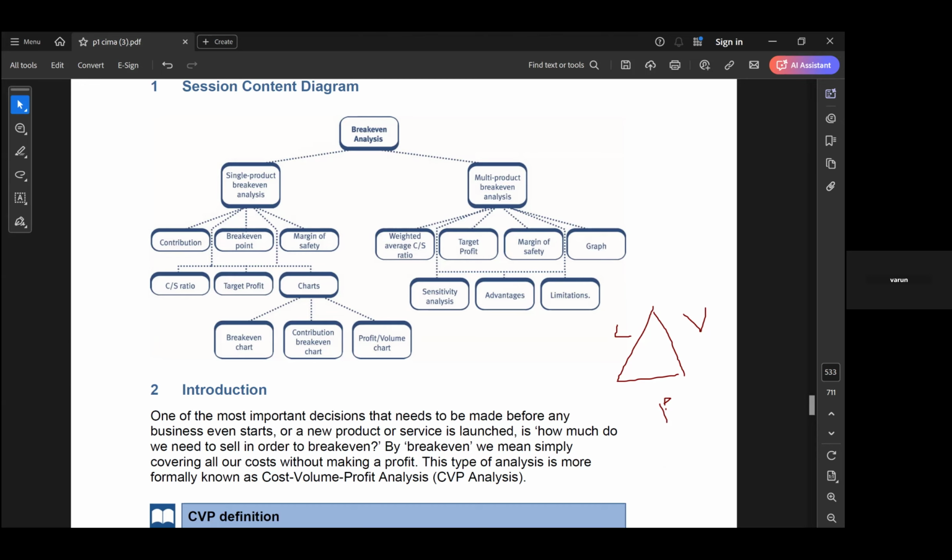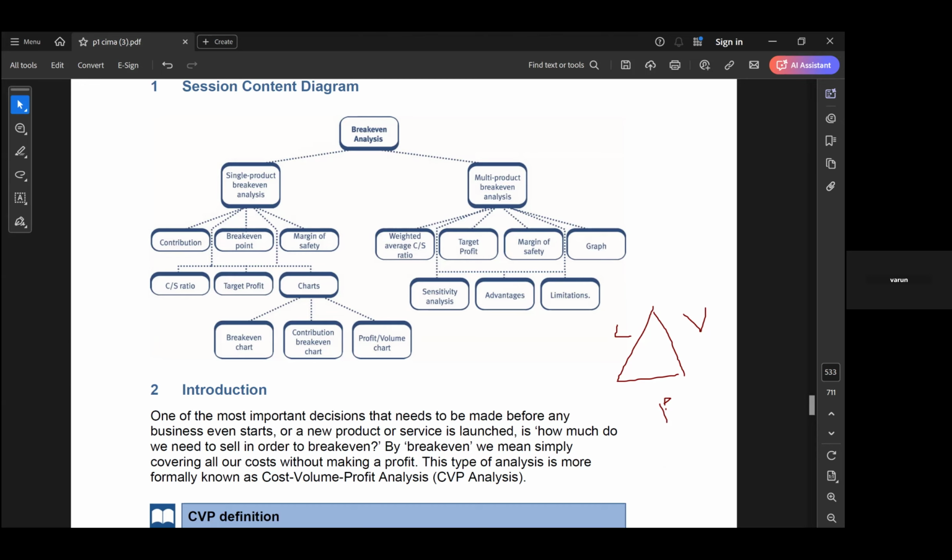In fact, the formula for break-even in dollars, I'll tell you. Break-even point in units is equal to fixed cost divided by contribution margin per unit. And if it is going to be break-even point in dollars, it'll change a bit: fixed cost divided by contribution to sales ratio.